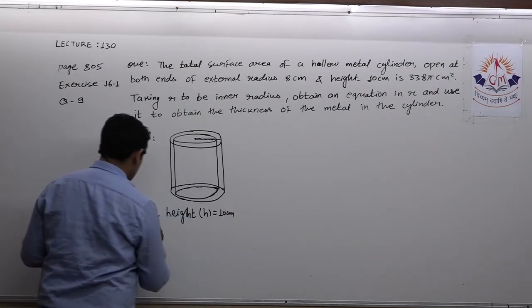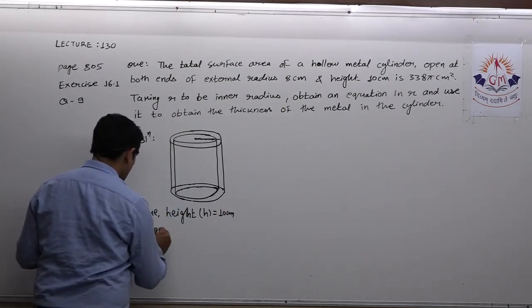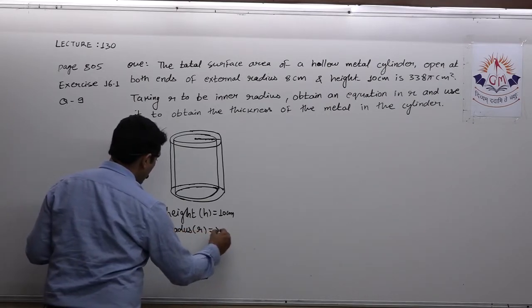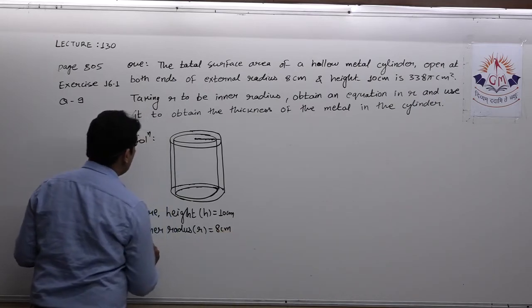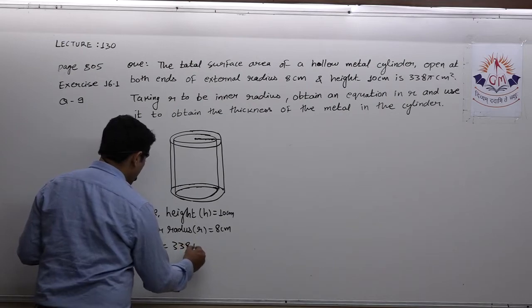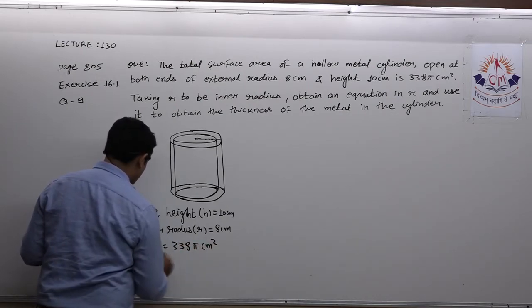Okay, inner radius small r is equal to 8 centimeter. Total surface area is equal to 338 pi centimeter square.